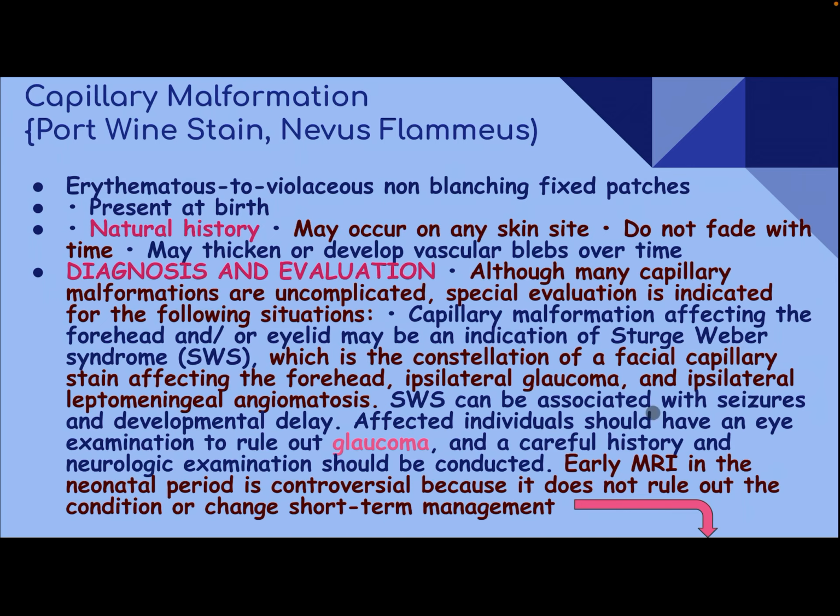Sturge-Weber syndrome can be associated with seizure and developmental delay. Affected individuals should have an eye examination to rule out glaucoma, and a careful history and neurological examination should be conducted. Early MRI in the neonatal period is controversial because it does not rule out the condition or change short-term management.